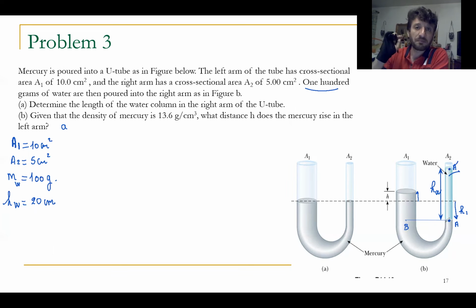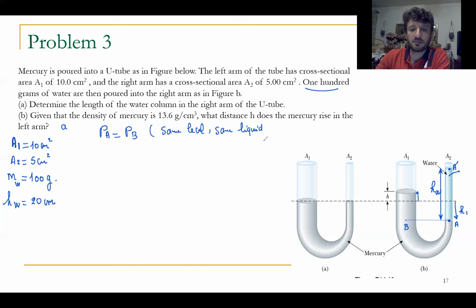Always you have to take the point at the interface between fluid 1 and fluid 2, between water and mercury. You know, PA equals PB. We have same level, same liquid, because A can be in the mercury and it can be in the water. Okay, it's between.